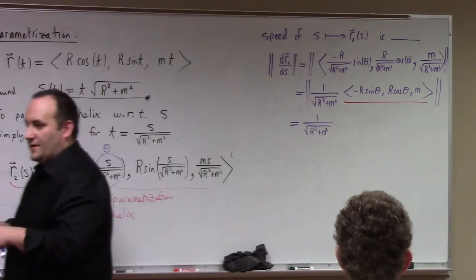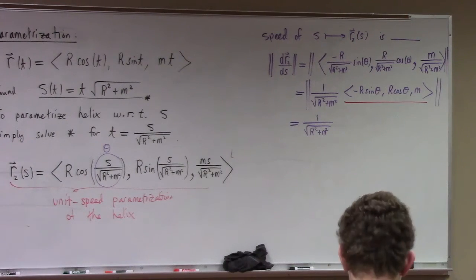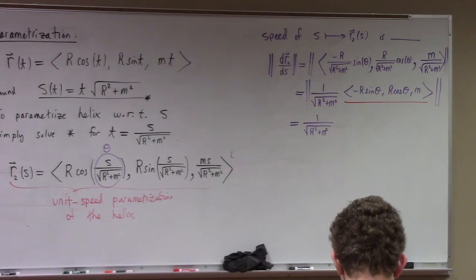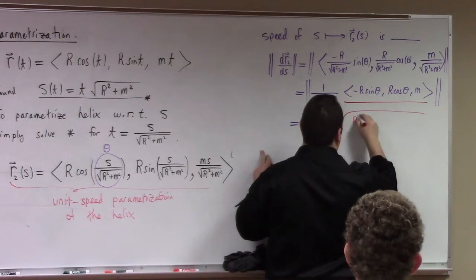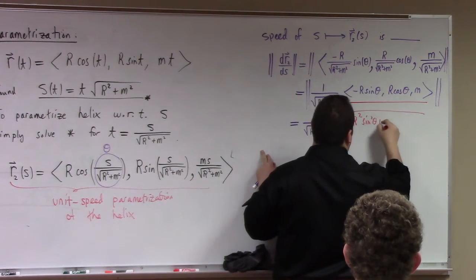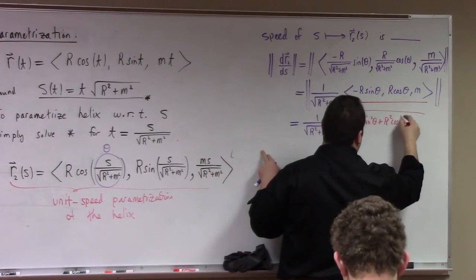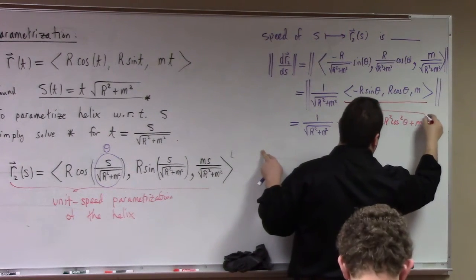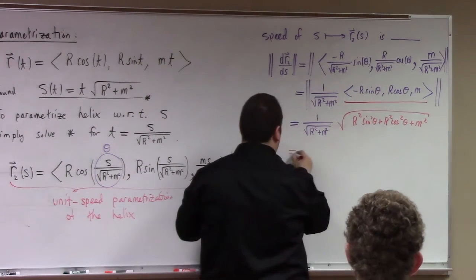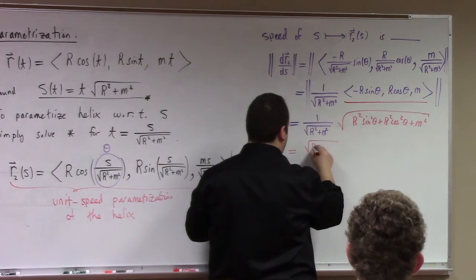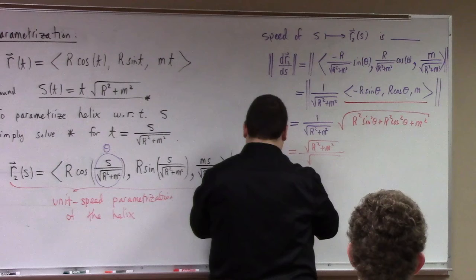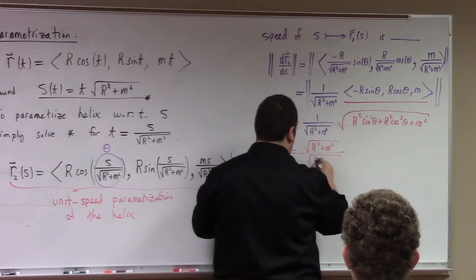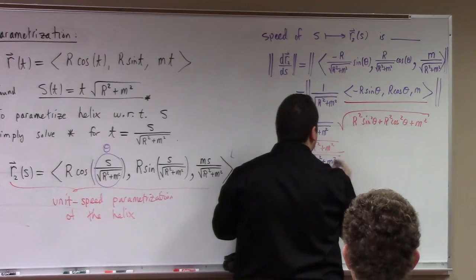What's the length of that vector? r squared sine squared theta plus r squared cosine squared theta plus m squared, also known as? Divided by? So what's this? Can you fill in the blank now?